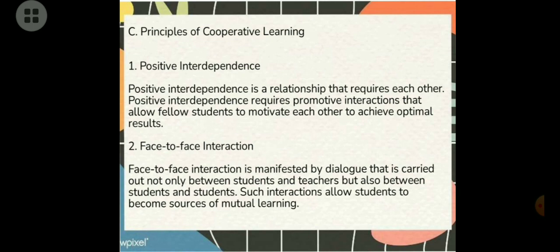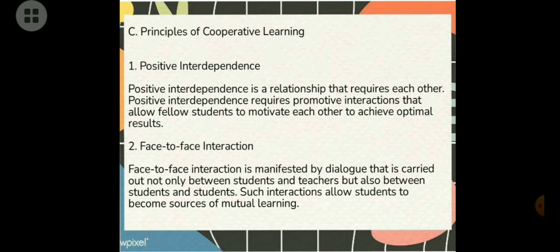C. Principles of cooperative learning. The first, positive interdependence. Positive interdependence is a relationship that occurs in order. Positive interdependence requires formative interactions that allow fellow students to motivate each other to achieve optimal results. The second, face-to-face interaction.